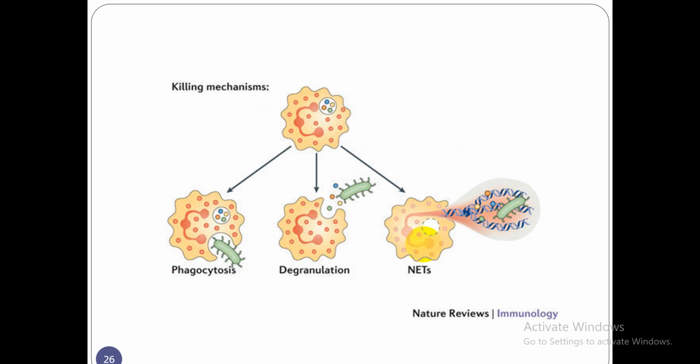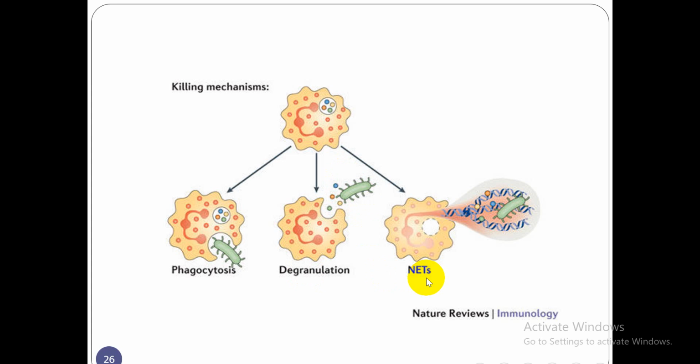So, as you see in this picture, sometimes the neutrophil could uptake the microbe and destroy the microbe inside the neutrophil, and sometimes the neutrophil could degranulate the contents of its granules and kill the microbe outside the neutrophil.